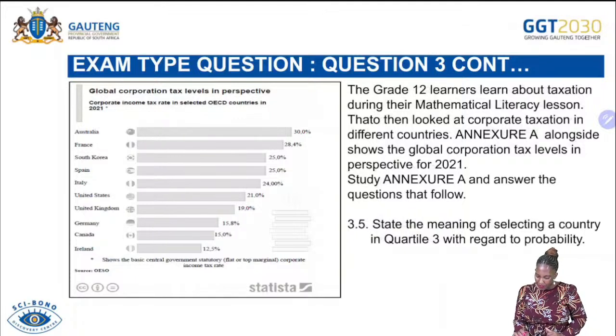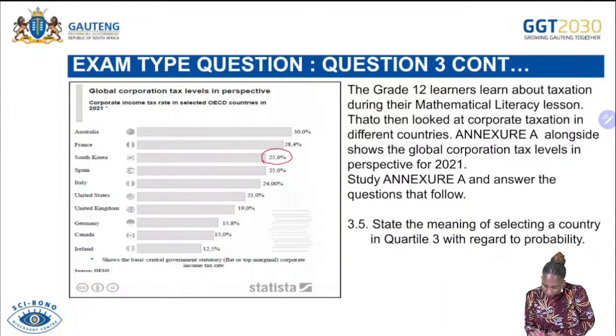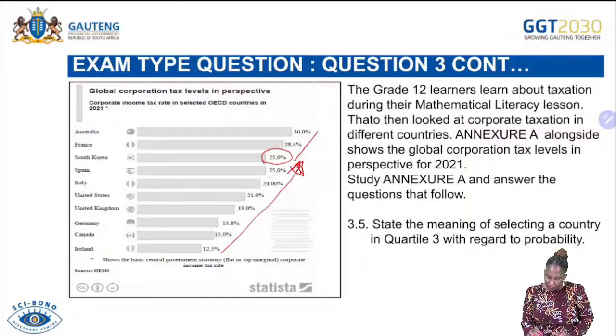Now state the meaning of selecting a country in quartile 3 with regards to probability. Quartile 3 is here. So, boys and girls, we say 75% of the countries are here. 75% of countries are less than 25, and that also includes the 25.